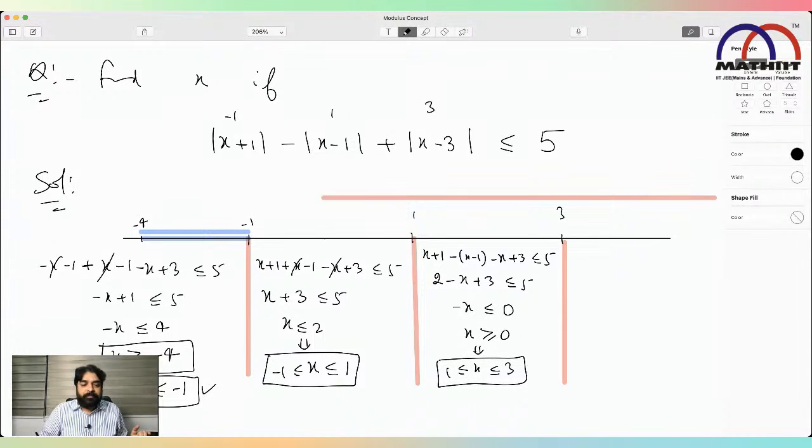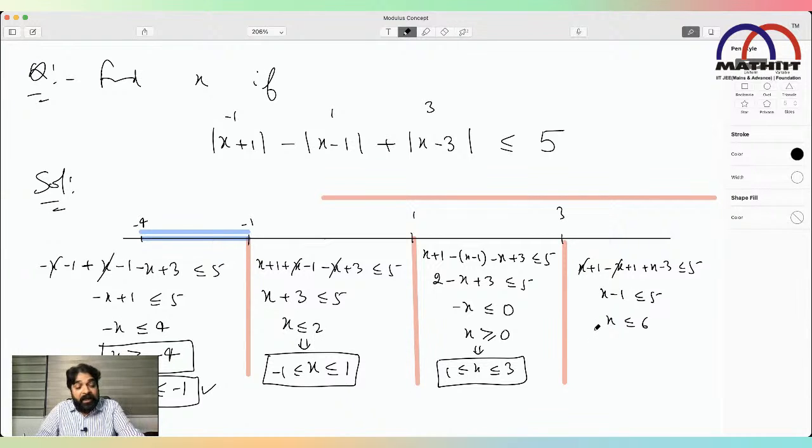Now, in this part, what will happen? The right one, after 3. After 3, everything is positive because it is the rightmost case. So x plus 1 minus x plus 1 plus x minus 3 less than or equal to 5. This x gets cancelled. 1 plus 1 is 2, 2 minus 3 is minus 1. So x minus 1 less than or equal to 5, or you can say x less than or equal to 6.